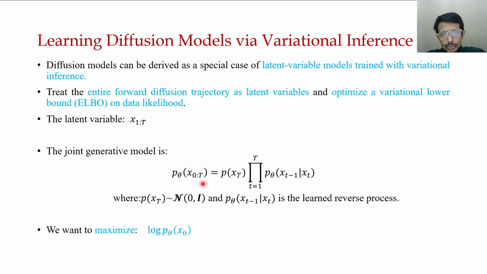So what we have to do is maximize log p theta of x0. Then we can make a setup where we can get back the data, very close to the real samples. Now let's see how we can do it.